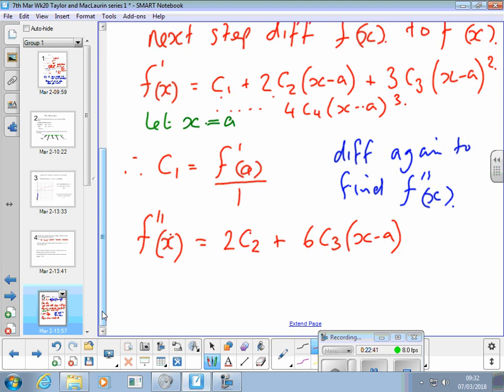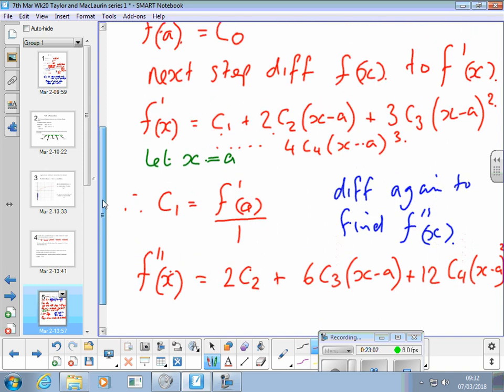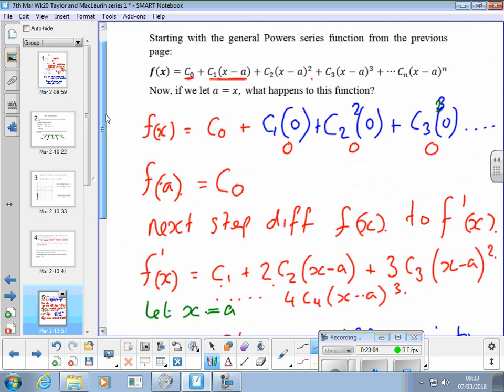So that becomes 3 times 4, which is 12C4 X minus A squared. Yep. See that or not? I got that right on that C4 one.